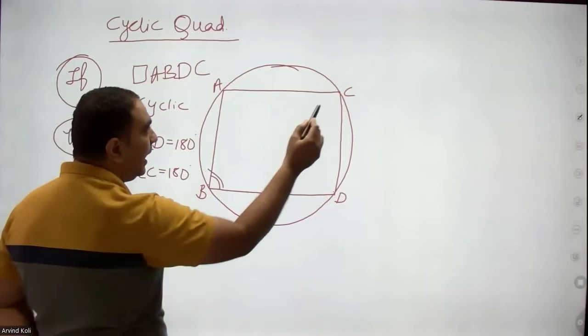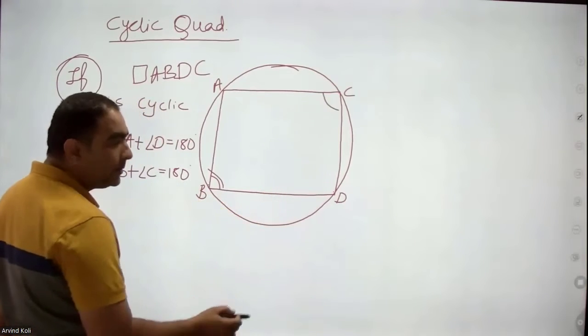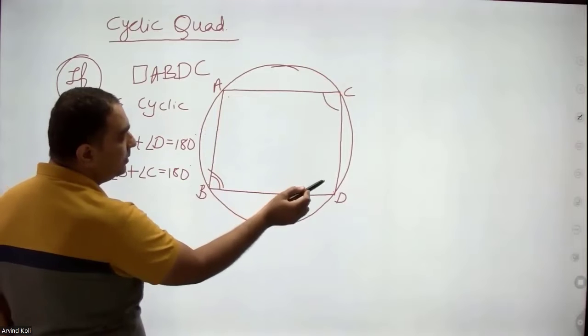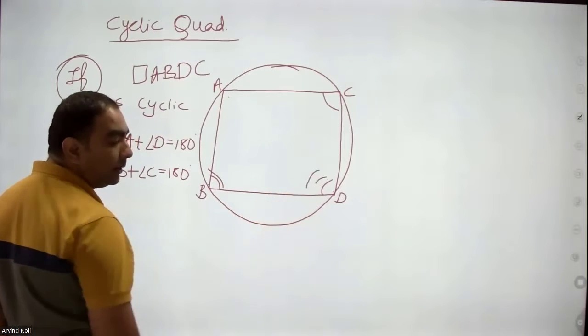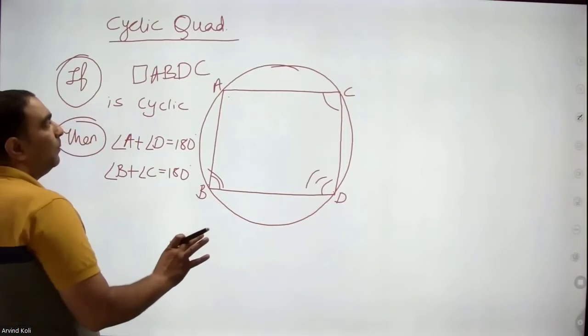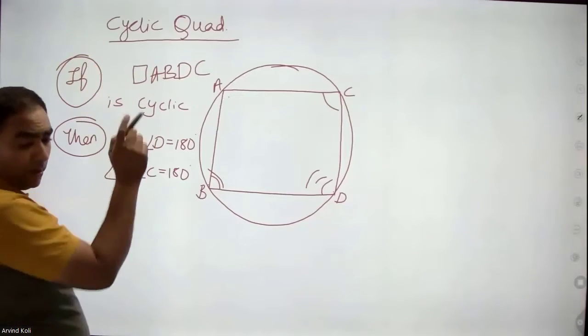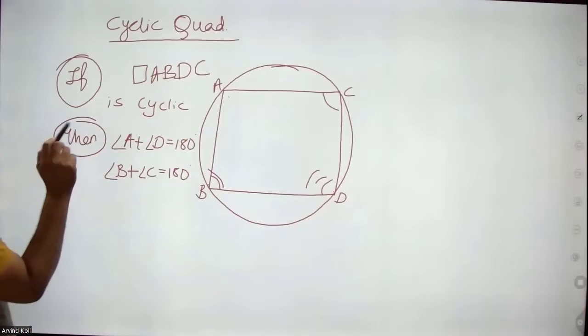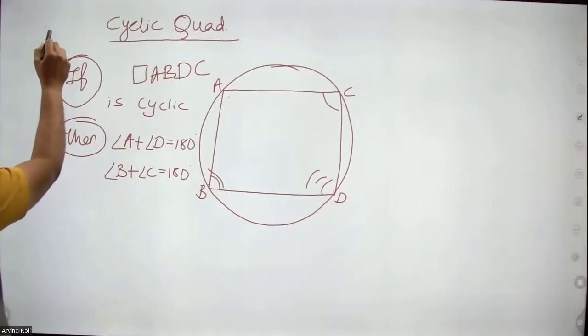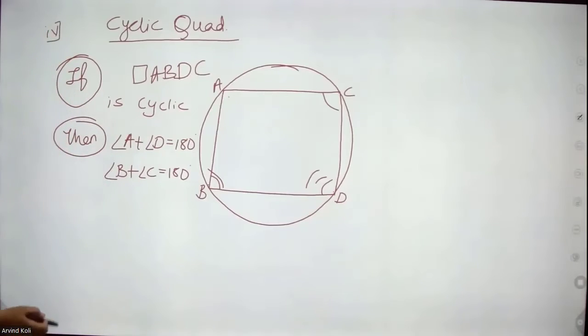These two angles are opposite angles, and these two angles are the opposite angles. So this is how we learn this concept. This is your number, if I'm not wrong, number 4. This was your 4th concept.